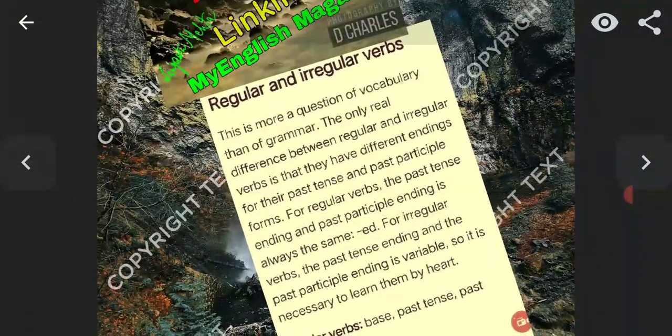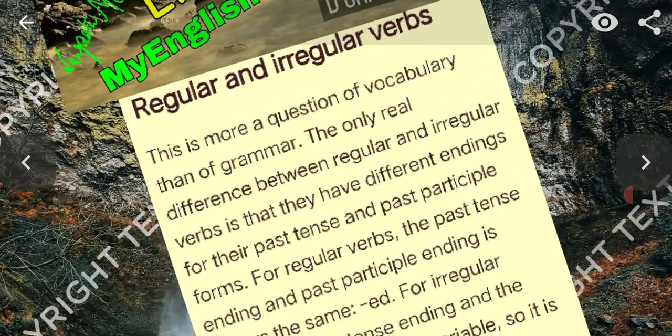Now, regular and irregular verbs. This is more a question of vocabulary than of grammar. The only real difference between regular and irregular verb is that they have different endings for their past tense and past participle forms.